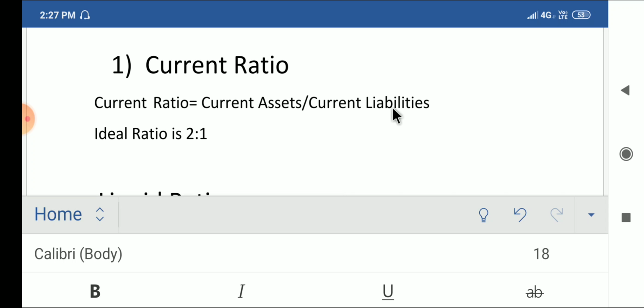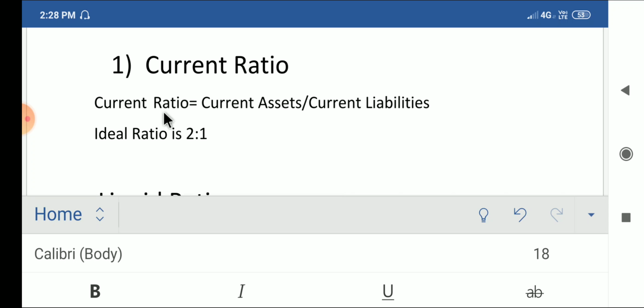The working capital of an undertaking is the excess of its current assets over current liabilities. Therefore, the greater the working capital of an undertaking, the sounder its position.